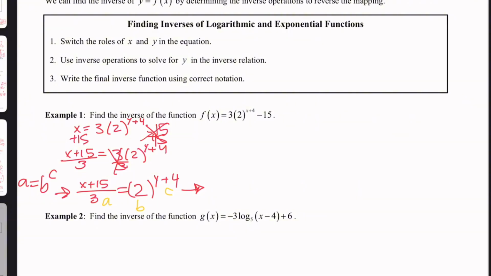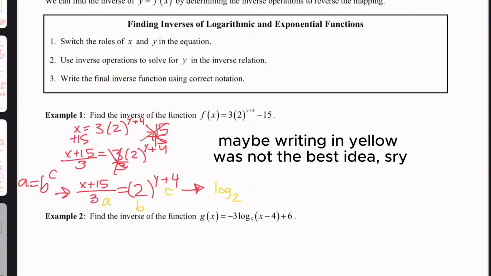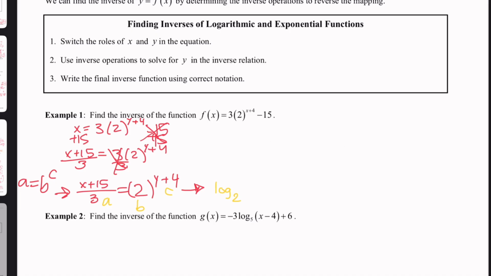Log base b, that's 2, of a is equal to c. Sometimes I even forget. And so that entire thing inside, which is equal to c, is y plus 4. And now it seems easier to solve for y.